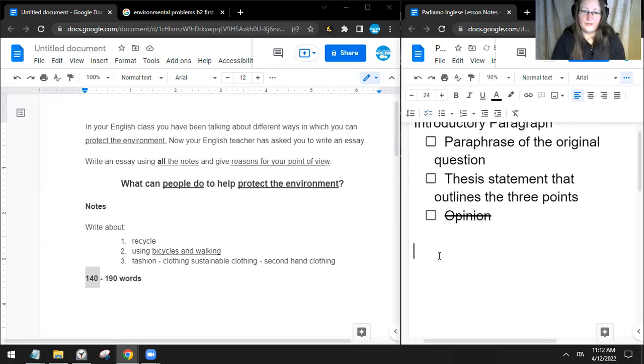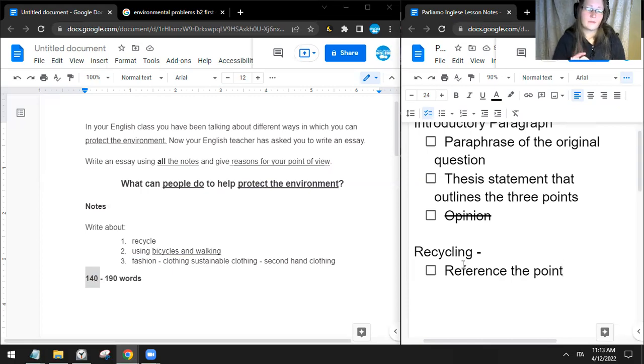So then what I'm going to do is plan out what I'm going to put into my individual paragraphs. What I like to do is have one body paragraph per point. So the first one is going to be about recycling. The first sentence is always going to reference the point that we've chosen.